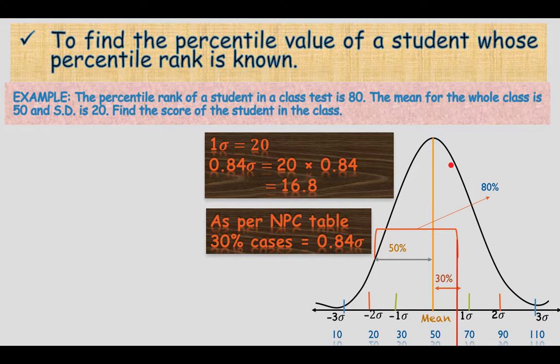This means that in this 30% area, 16.8 score lies, and in this area there is 50 score.